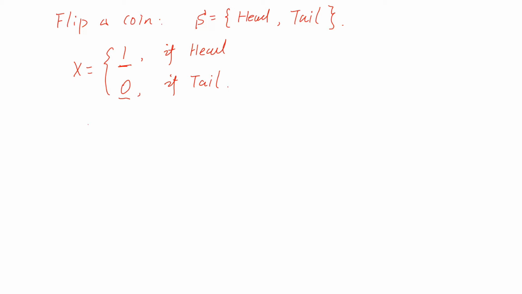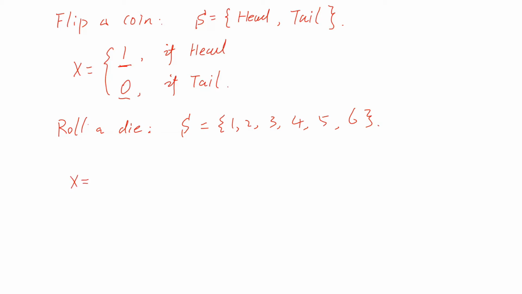For another example, say roll a die. Now, in this example, the sample space is 1, 2, 3, 4, 5, and 6. Now, this is the sample space of this random experiment. The possible outcomes are 1 through 6. Now, let's define a random variable.